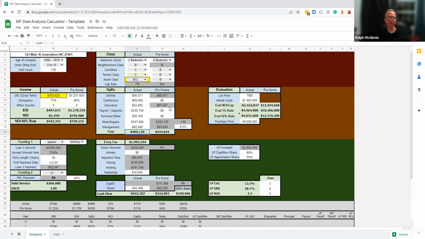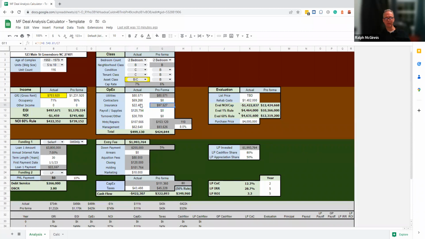There's different things you can do to address this. The gray ones, again, are a formula, but you can always overwrite the formulas with your own numbers if you need to. Insurance, what we'd expect, and this insurance here is based off of a national average of insurance, whereas this is the real insurance over here.